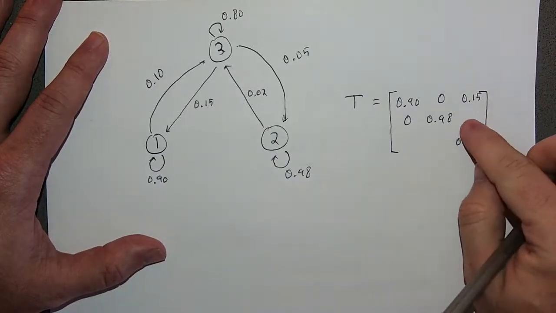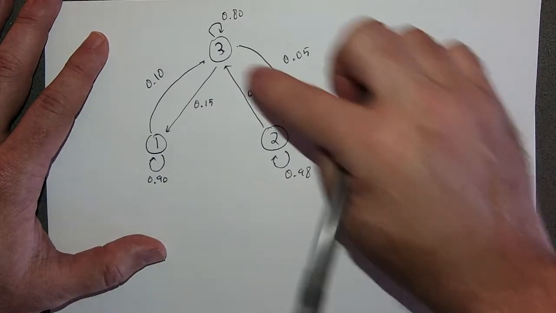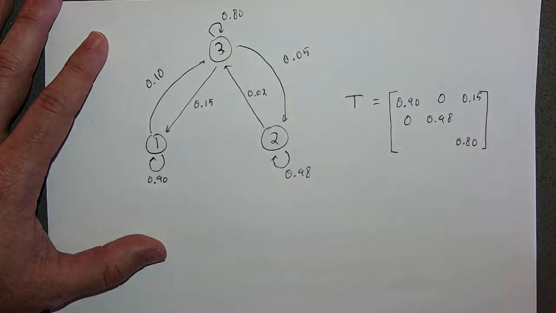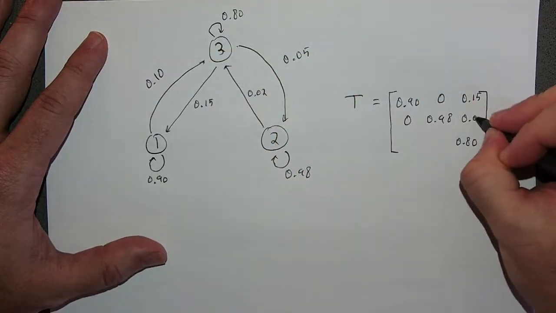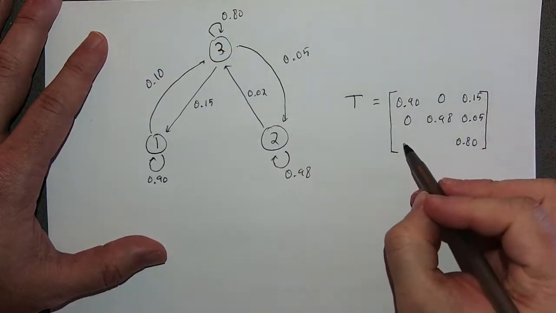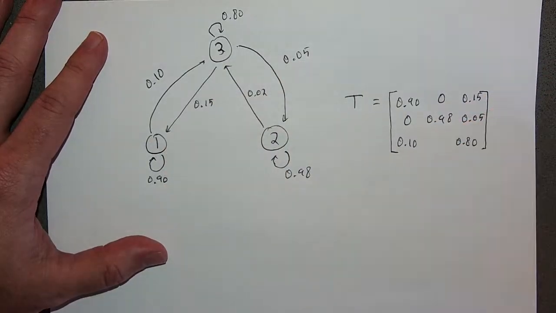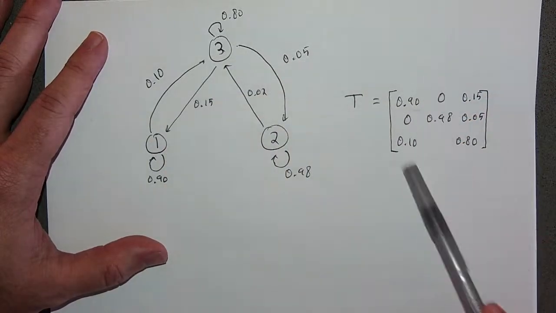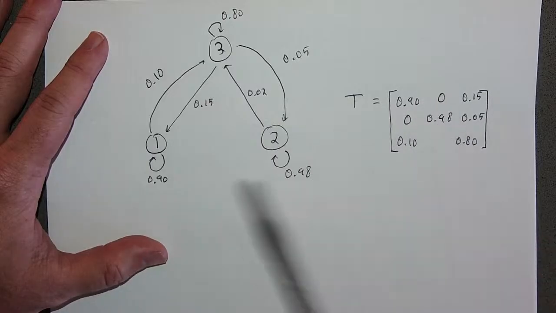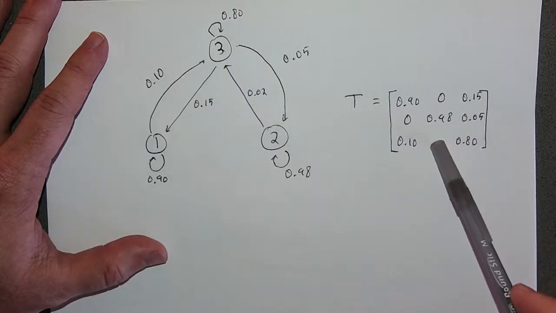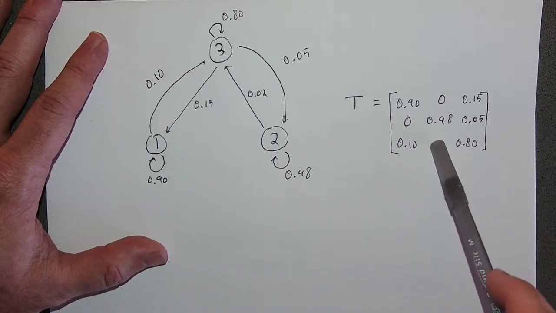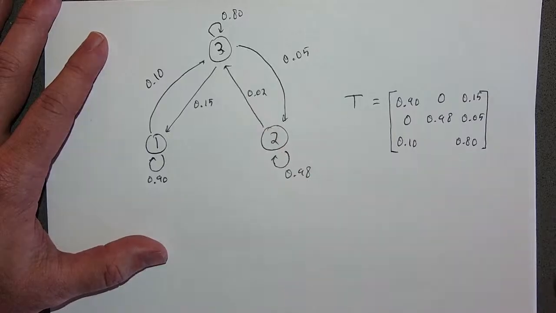This is the T23 entry, so that's from 3 to 2, so that's 0.05. This is T31, so that's 1 to 3, so that's 0.10. Again, you might say you can tell what it is because the column sums have to be 1, so you know what this has to be already too. But this is T32, which is from 2 to 3, which is 0.02.